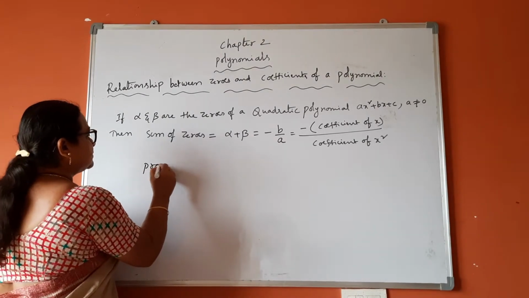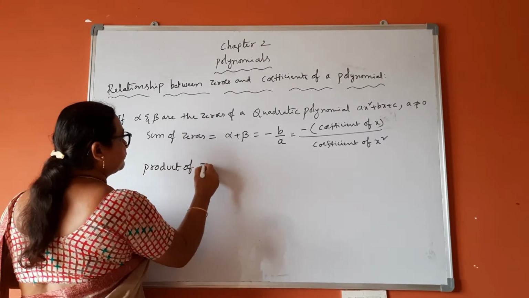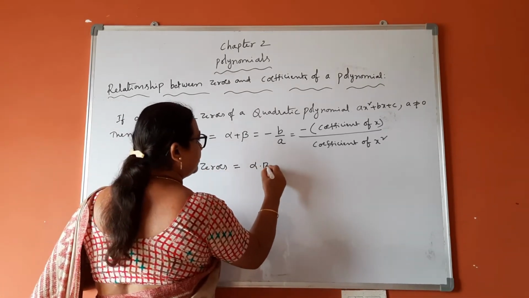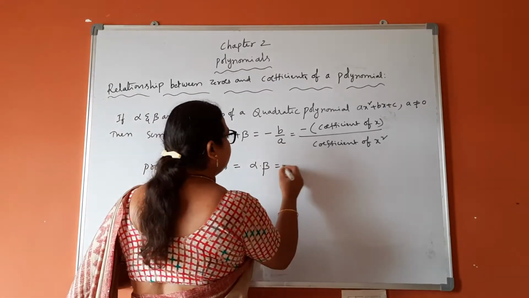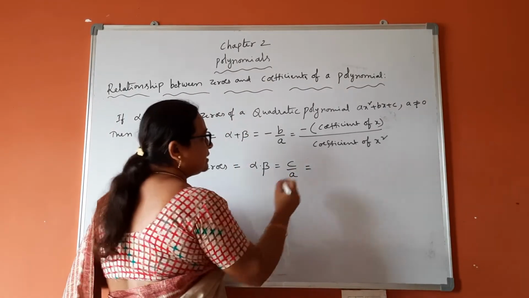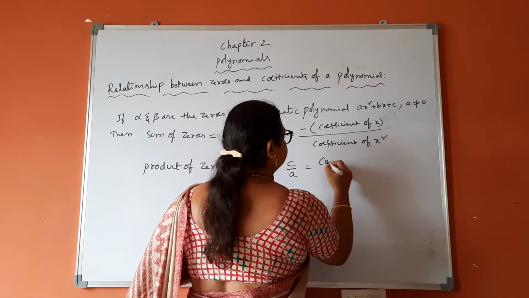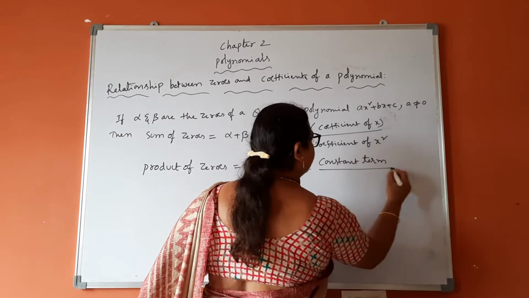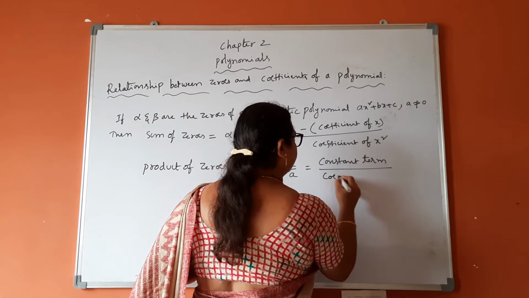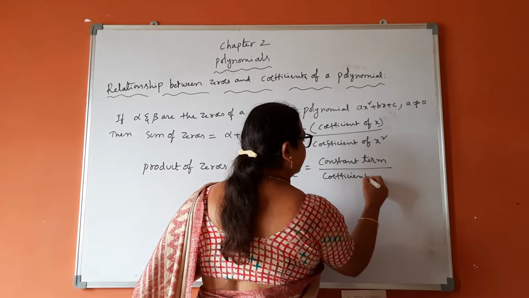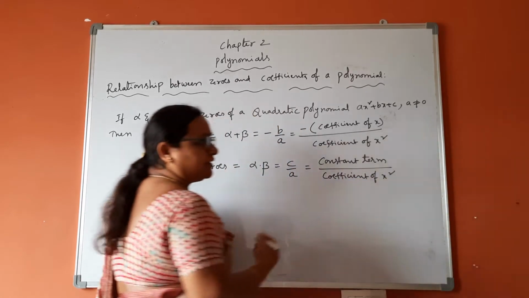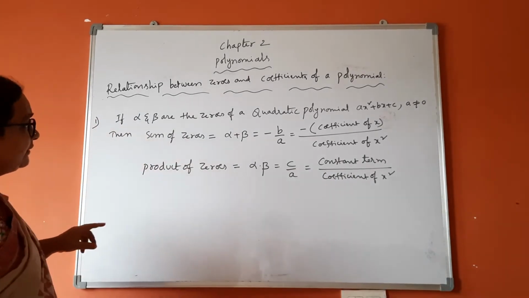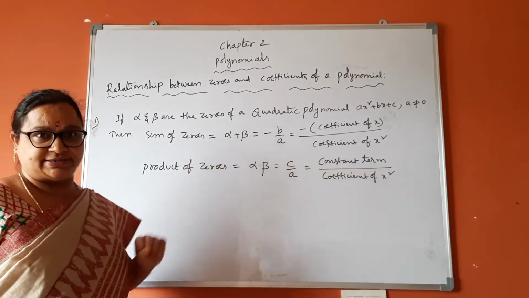Product of zeros, alpha into beta, is equal to c by a. C is the constant term by a, the coefficient of x square. This is the relationship between zeros and coefficients.